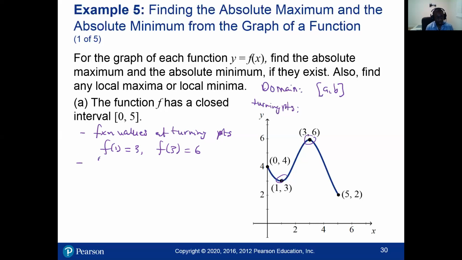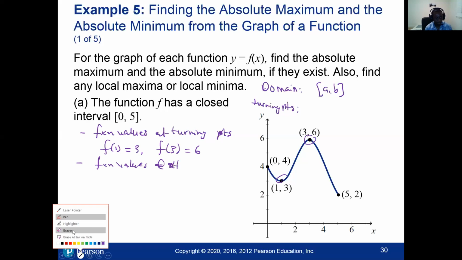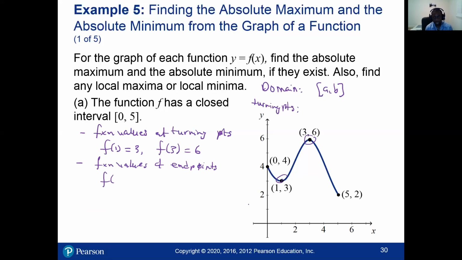Also, you have to find the function values at the endpoints.